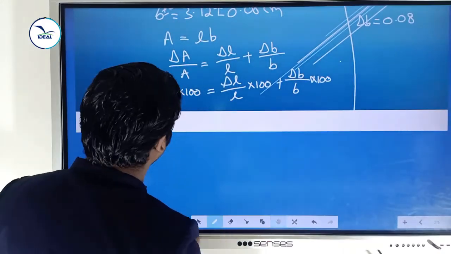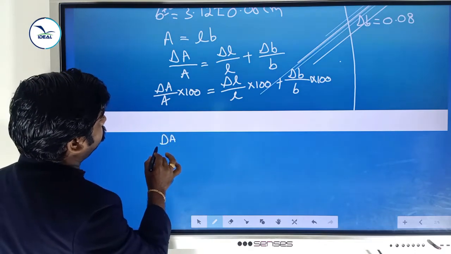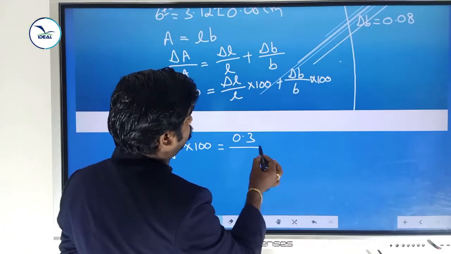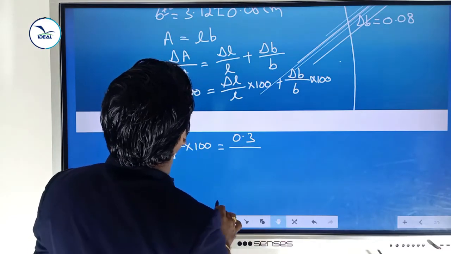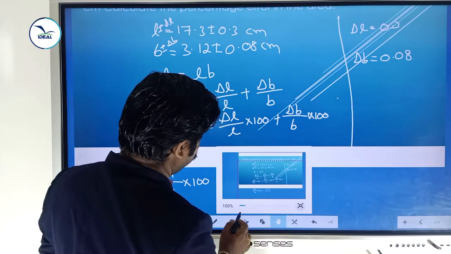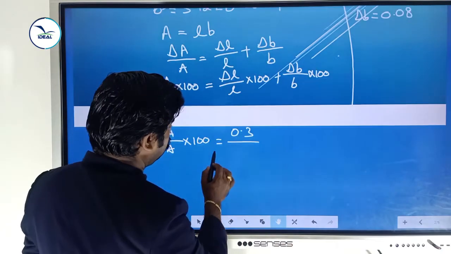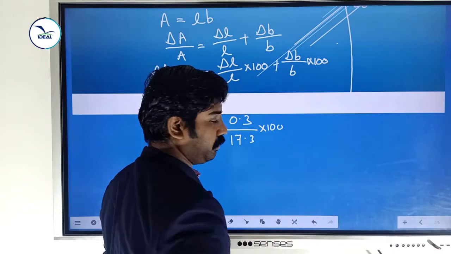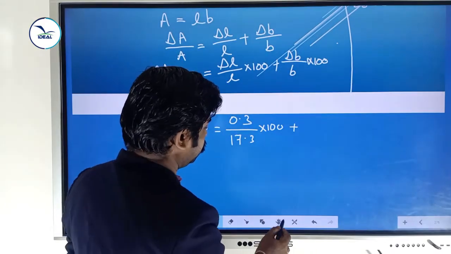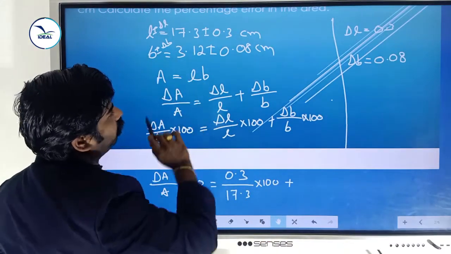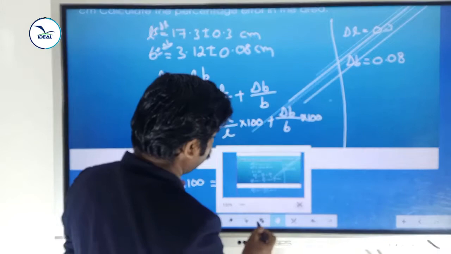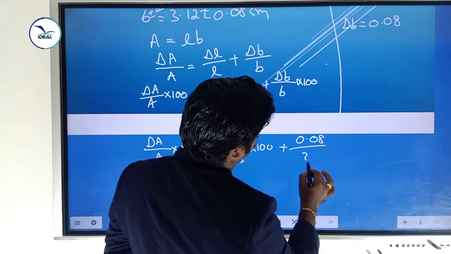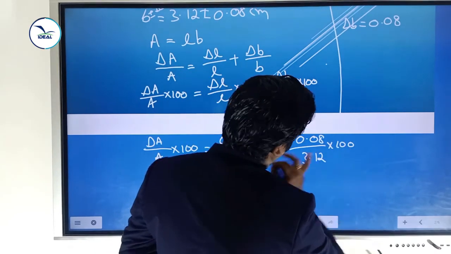Then what we will get? Delta A by A into 100 is equal to delta L, which is 0.3, by the actual value of length, which is 17.3, into 100, plus delta B, 0.08, by 3.12 into 100.